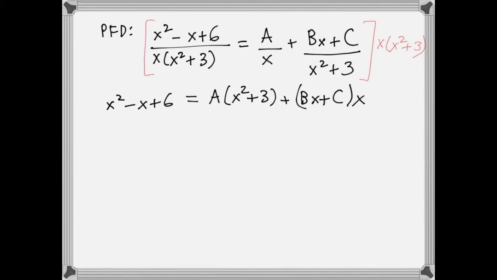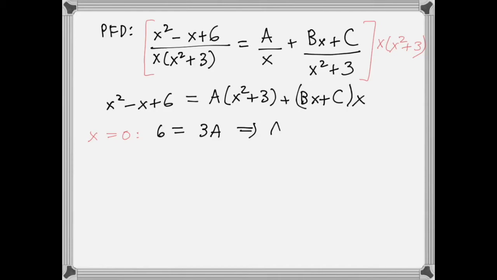Okay, can I plug in anything to make this easier? Unfortunately, we can do it once, but not twice, right? Because there's nothing that we can do to get rid of the a term. However, I can plug in x equals 0, right? That's going to help with the right term going away. So if I plug in x equals 0, on the left I get 6, and on the right I get 3a.